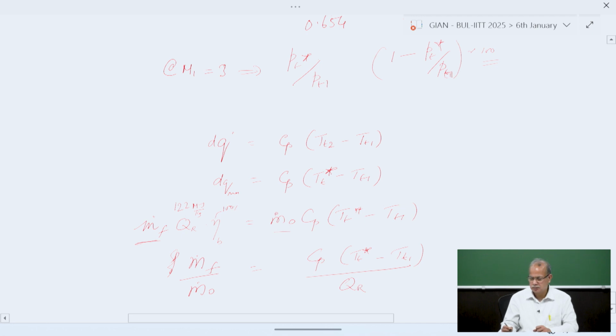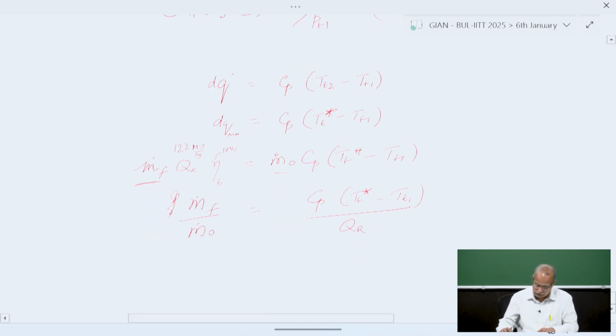Efficiency of the burner is not given, so we've taken 100%. So mass of fuel to mass of air is the fuel air ratio that is required to thermally choke the combustor. How much did he say? 0.018.